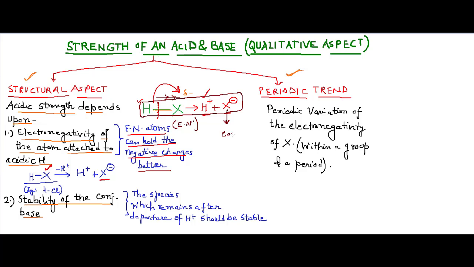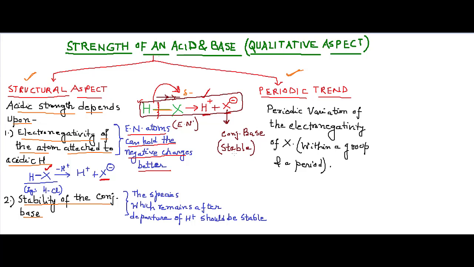So X minus is our conjugate base, and after the acid gives up its protons and finally forms this conjugate base, this conjugate base should be very much stable.